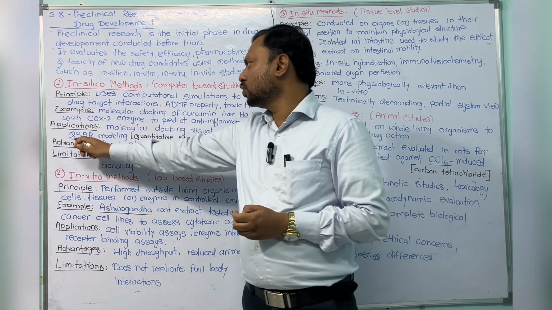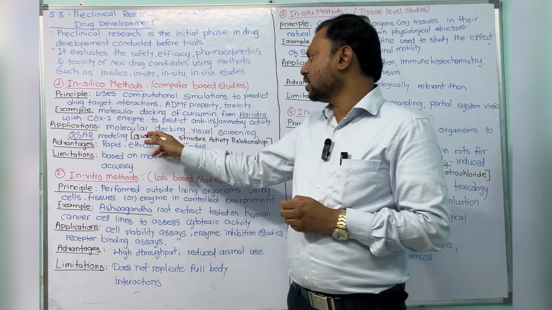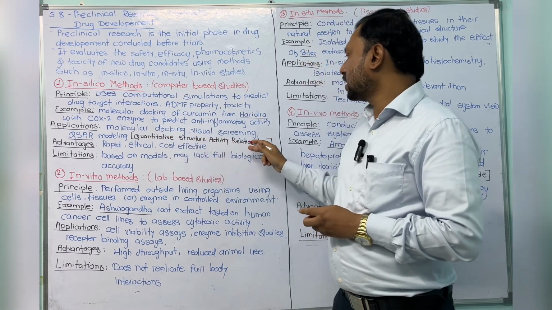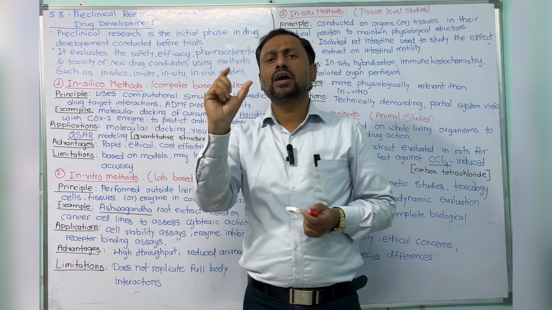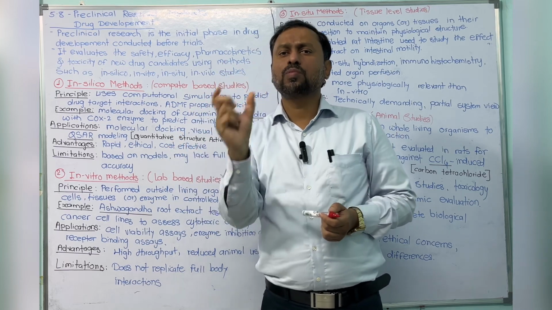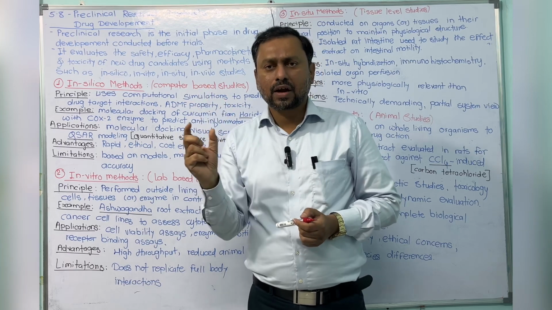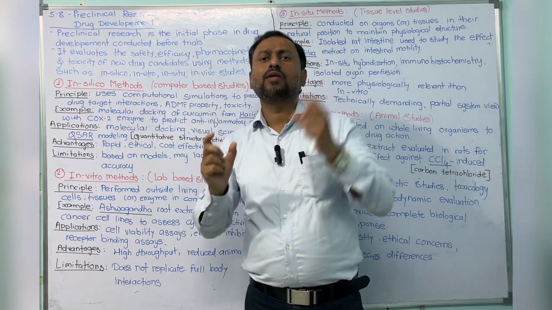Next one is QSAR modeling. What is meant by QSAR modeling? It means quantitative structure-activity relationship. It means using similar drugs. A very good example: omeprazole is one of the PPI drugs. Scientists used a similar structure to produce pantoprazole.